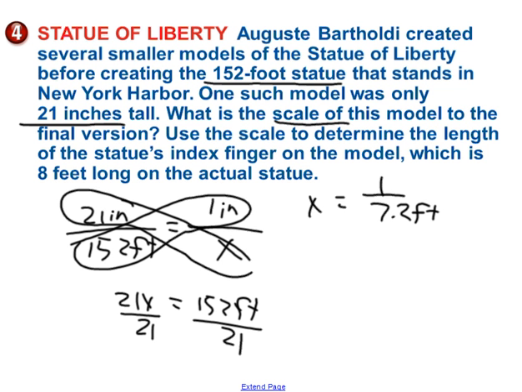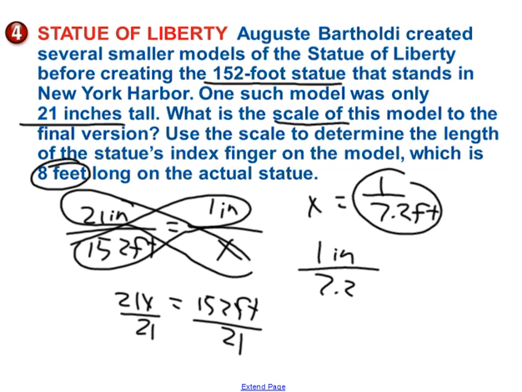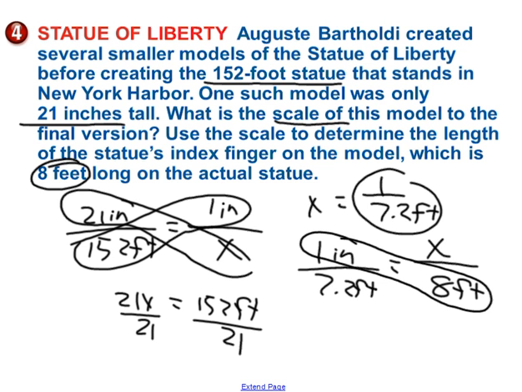Now, use the scale factor to determine the length of the statue's index finger on the model, which is 8 feet long. So in actuality, it's 8 feet long. That means 1 inch on the drawing, according to this, is to 7.2 feet, as some unknown number is to 8 feet. I'm going to multiply here. 1 times 8 is 8. 7.2 times x is 7.2x.